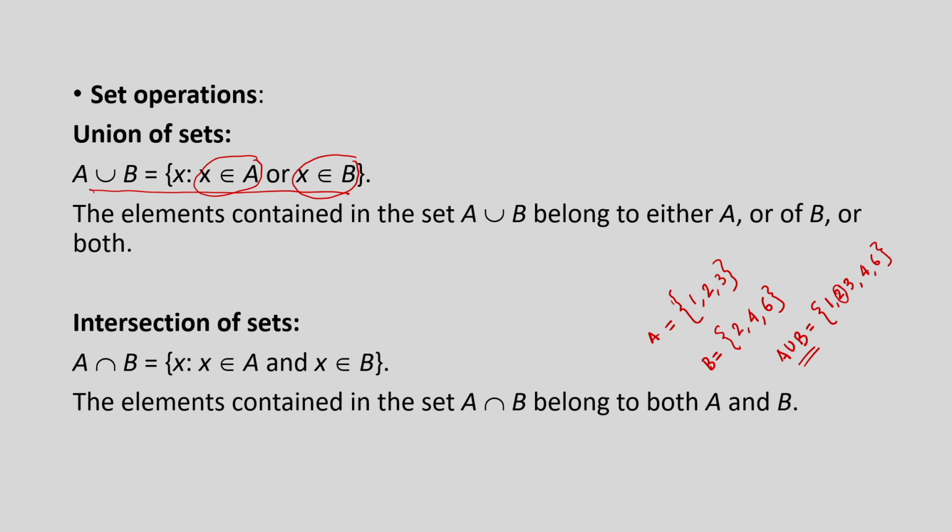I guess that is not very difficult to understand. When we take the union of two sets, then any element of this new set belongs at least to one of the sets.